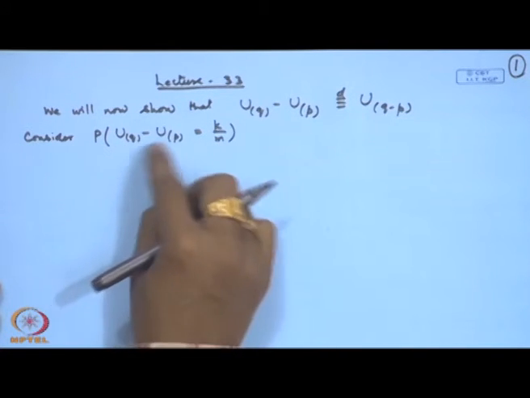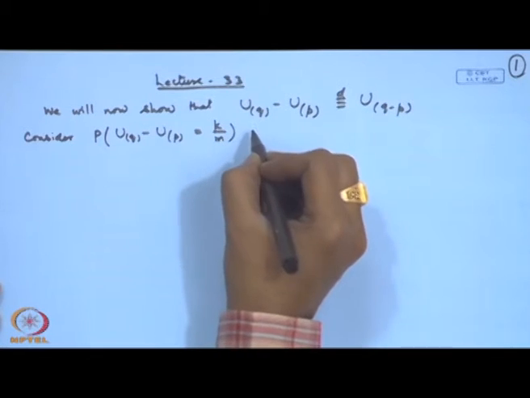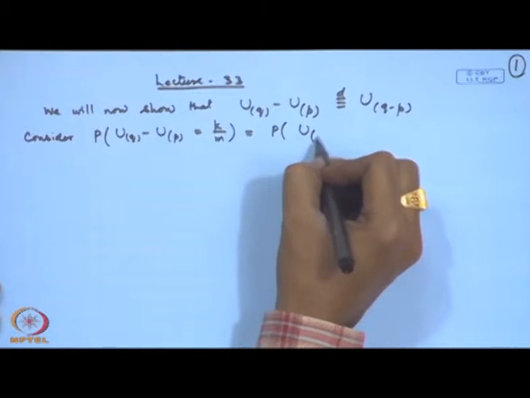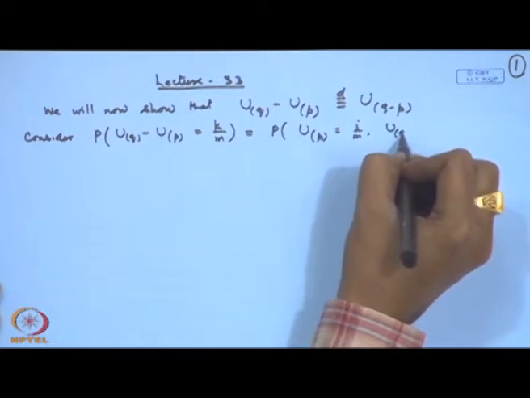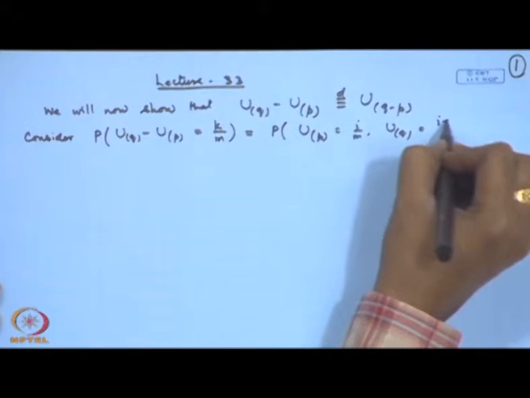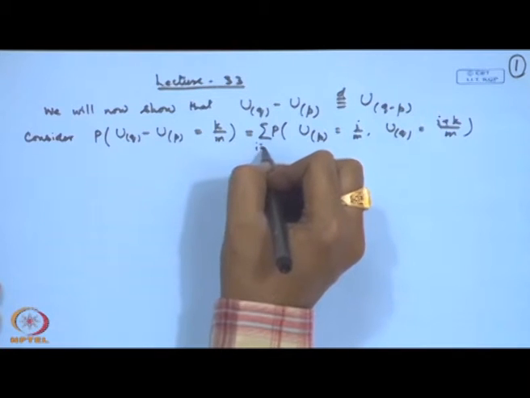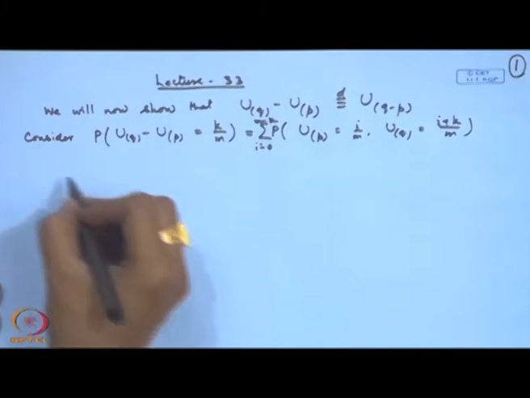Since the values taken by these are of the form p by m, we can consider the difference to be of k by m type only. So, that means, one of them is say I by m and the other one is of the form I plus k by m, where I is varying from 0 to m minus k.